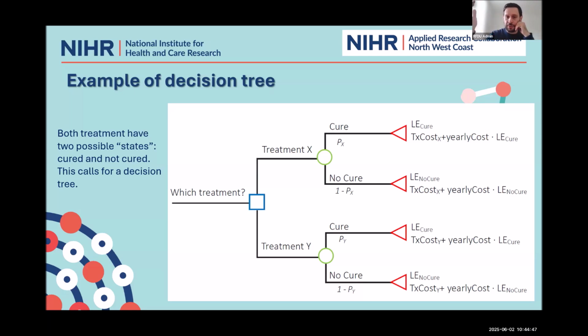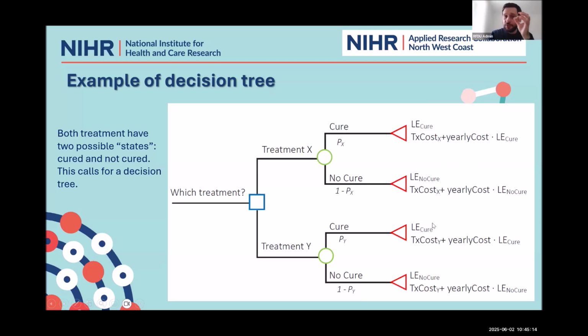But here we're trying to consider things a bit more in terms of longer-term scenarios. Any questions so far? Okay. So the same considerations around cost will be applied to the other branches. For each branch, we will have certain payoffs for life expectancy and for costs.